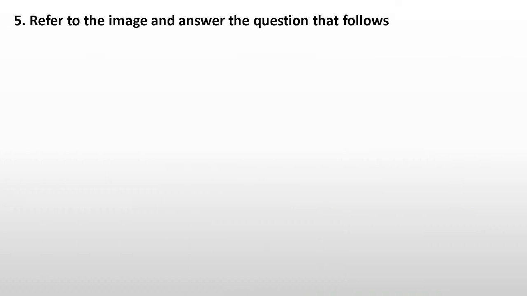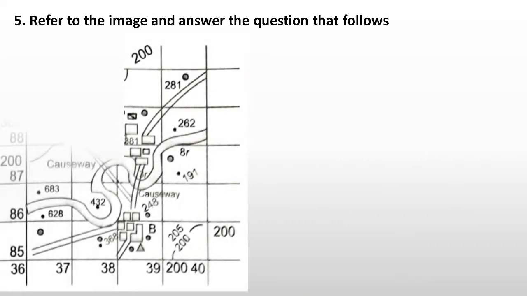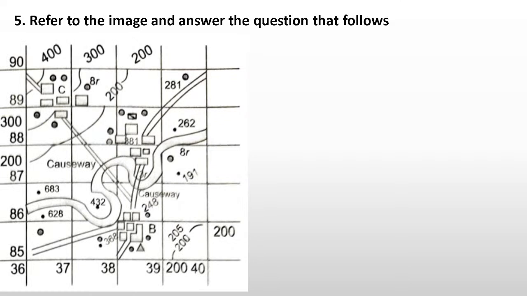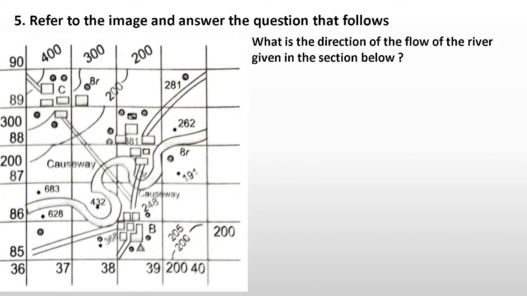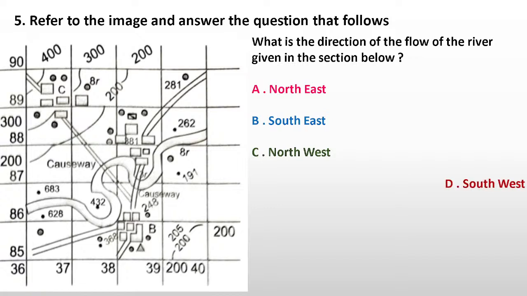Going to the next question, refer to this image and answer the question that follows. And the question is, what is the direction of the flow of the river in the section given below? And your options are A. Northeast, B. Southeast, C. Northwest, D. Southwest.